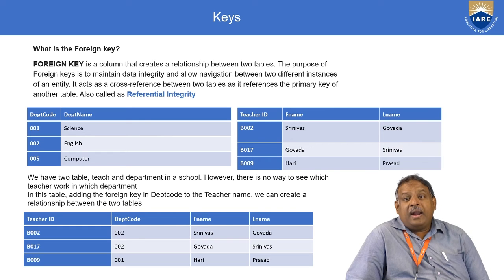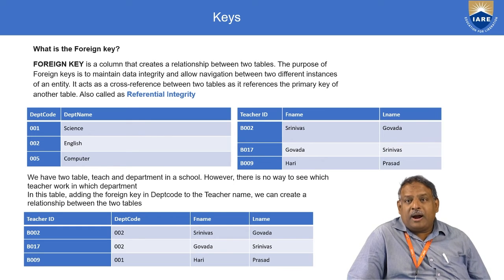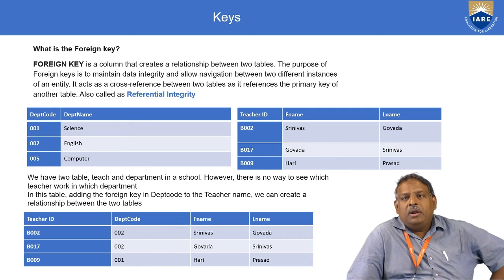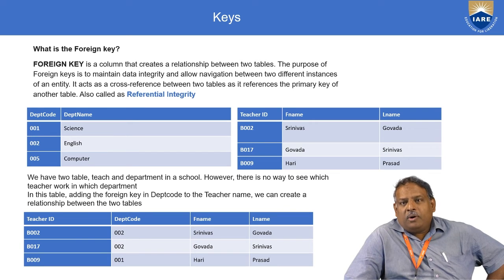By adding a foreign key, the department code, to the teacher's table, you can create a relation between the two tables. Now, for example, I am going to modify the teacher's table by adding a new column called department code. So the department code is 002, 002.